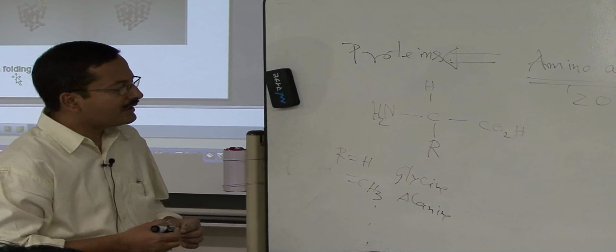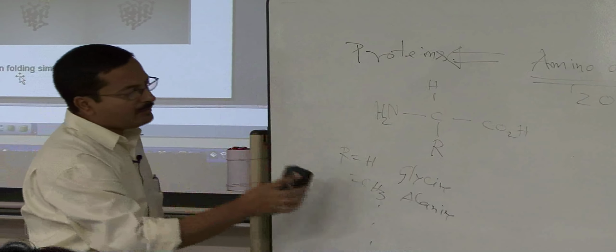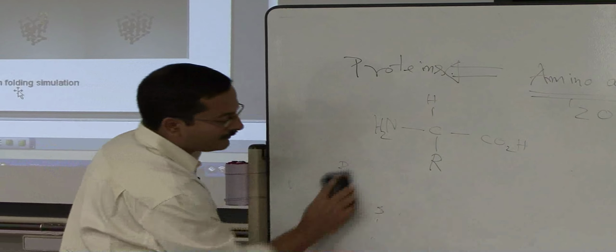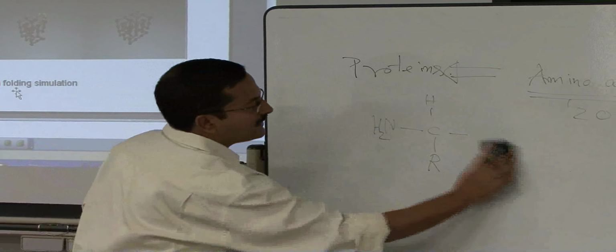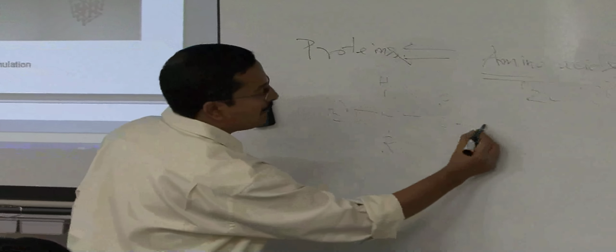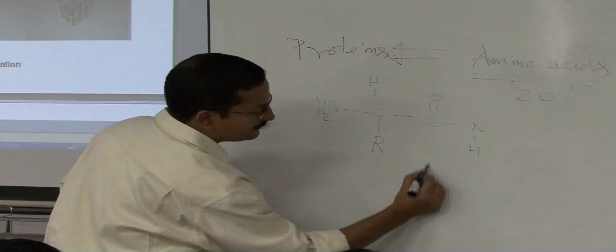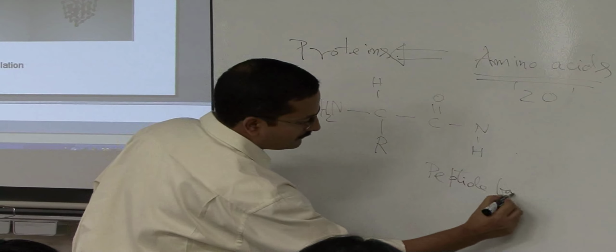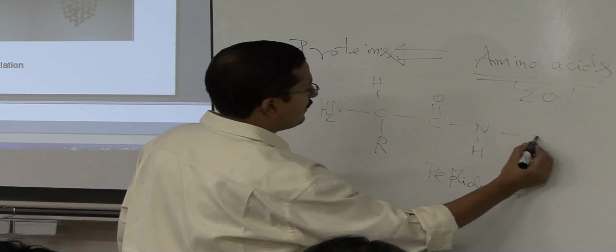And how are proteins made? Proteins are made by combining these amino acids. So, for instance, in a protein you have a peptide bond and another amino acid, right.